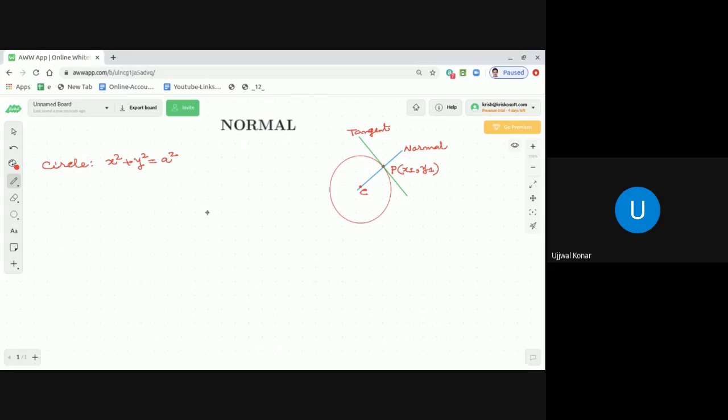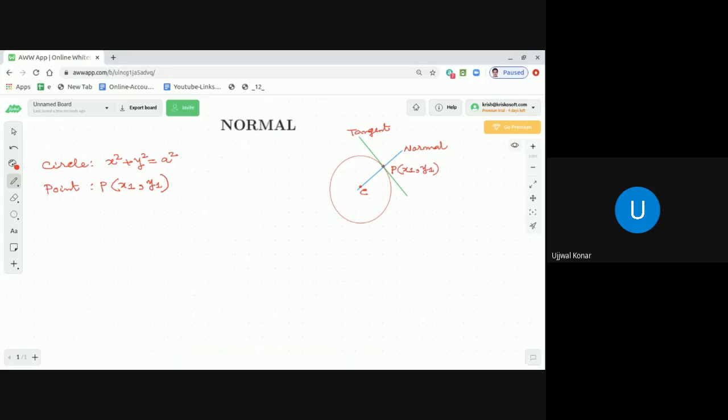Now, to find the equation of the normal to this circle at the point P, suppose we take a point P with coordinates x1, y1. If you need to find the equation of the normal to this circle at the point x1 comma y1, there is one simple step.